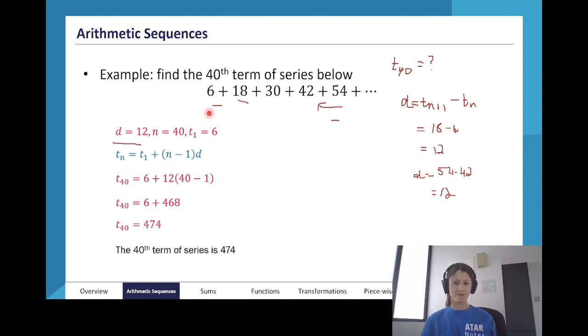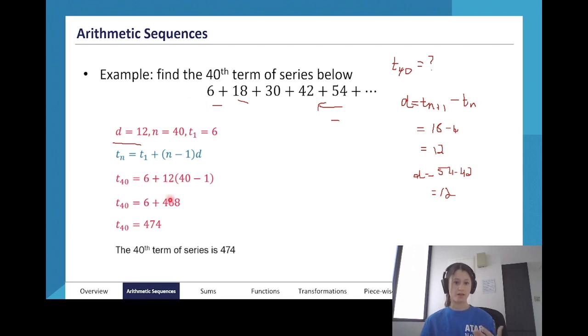However, if, for example, the answer that we got was negative, say we got negative 1,000, we'd be like, well, our sequence is obviously increasing, so why did we get a number lower than 6? Why did we get a number lower than the first term? Just to make sure that you haven't made a simple mistake like that, and that your answer makes sense and is reasonable.